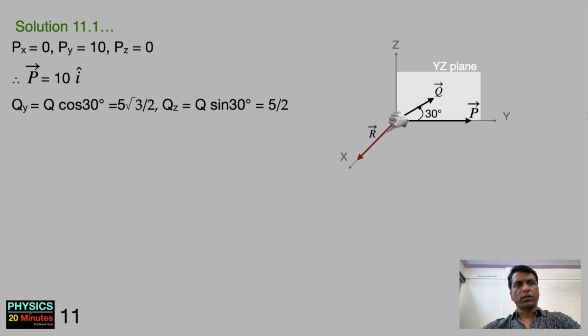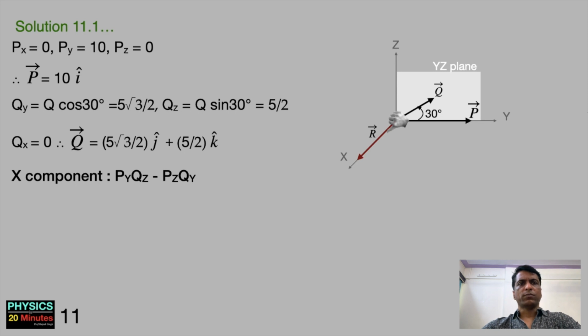Its y component qy will be q cos 30, which is 5 root 3 by 2, and its z component will be q sin 30, which will be 5 by 2. Its x component is 0 since it is lying in the yz plane. Therefore, vector q can be written as 5 root 3 by 2 j cap plus 5 by 2 k cap.